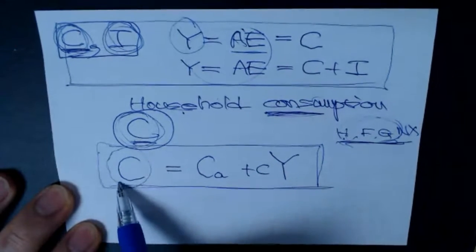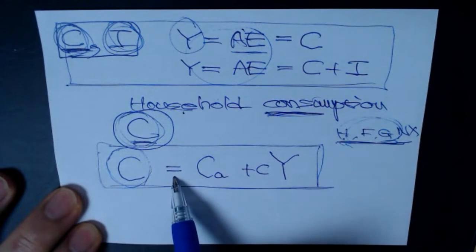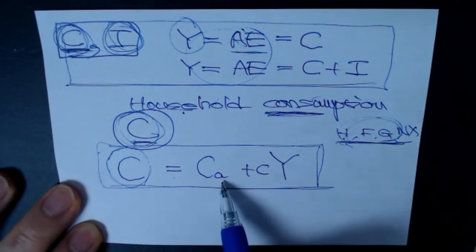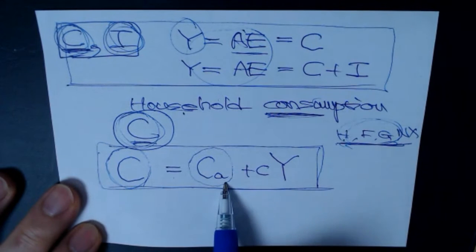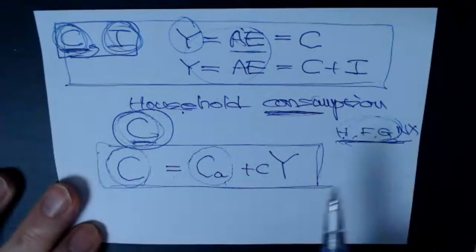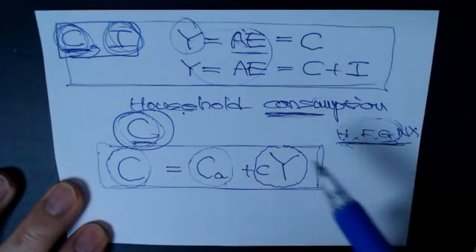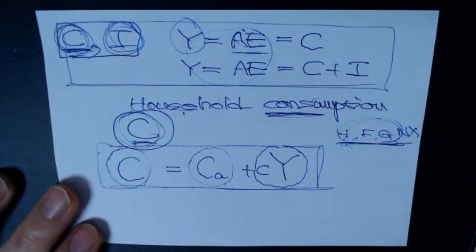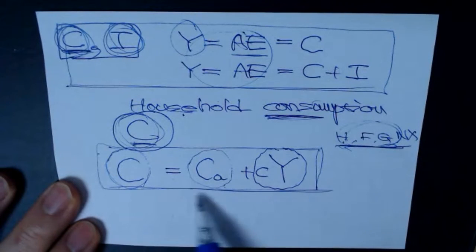Total amount of consumption in the economy is composed of two parts: some amount of consumption which is not affected by income, and a certain proportion of consumption which is affected by income. That's the meaning of this equation.